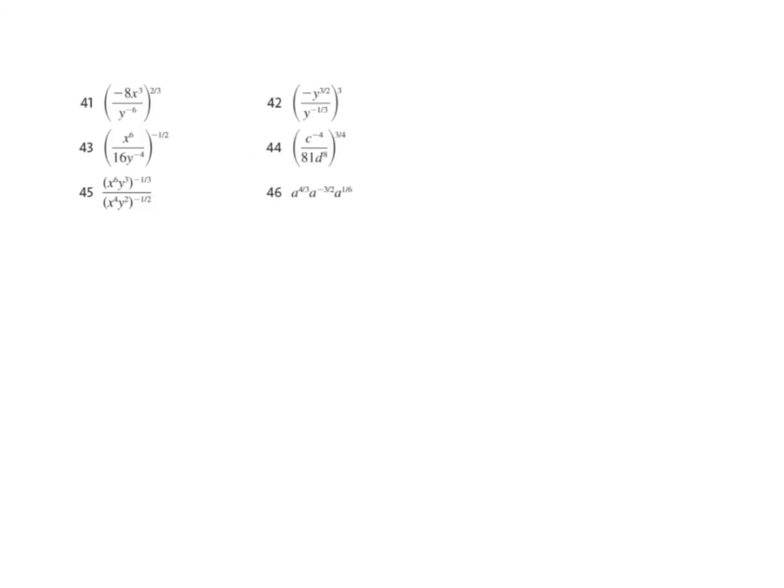Now we're getting more complex. Number 41: negative 8x to the 3rd, y to the negative 6, all raised to the 2/3. I apologize, this is sloppy. I am in a car.